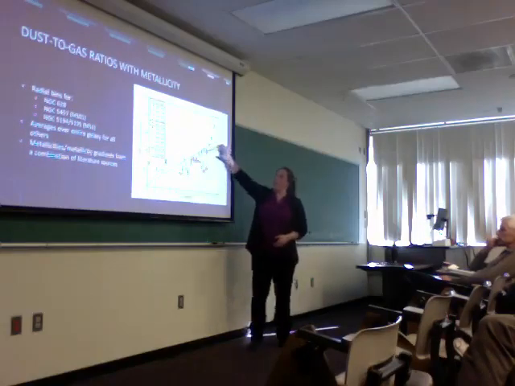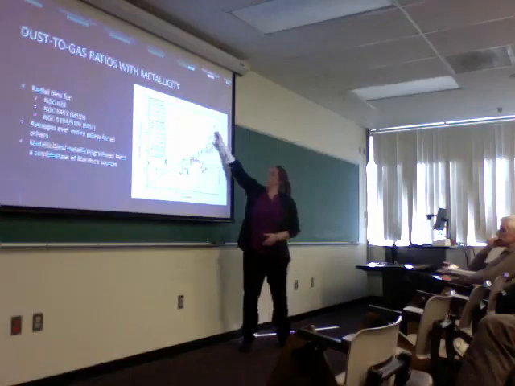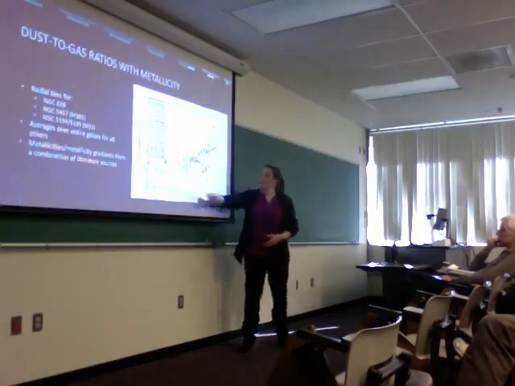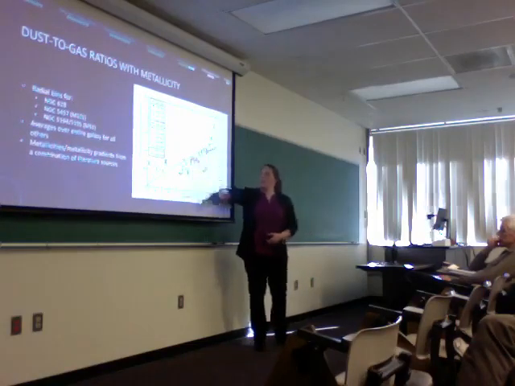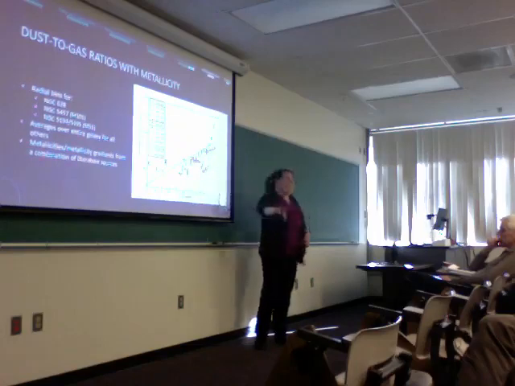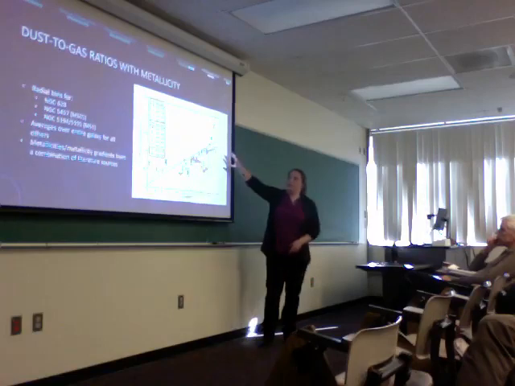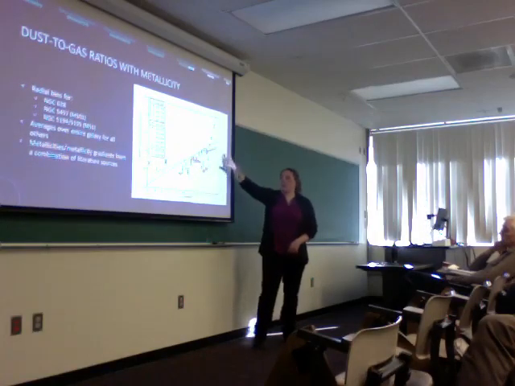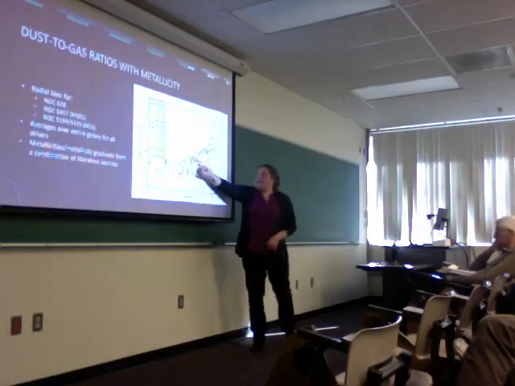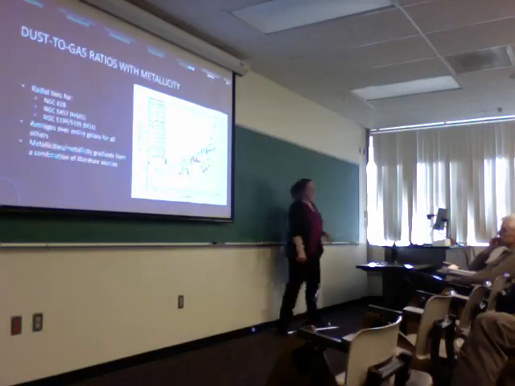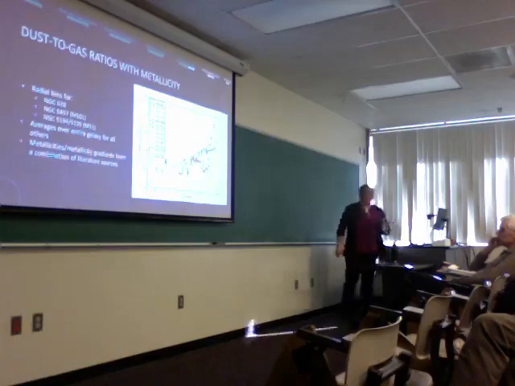So you can see NGC 628 here, 5457 here, and M51 here. Now, with the exception of M51, most of the galaxies show a reasonable positive correlation with metallicity. M51 is very weird. M51 is also an interacting galaxy, so there are weird things that are going to happen with that one.